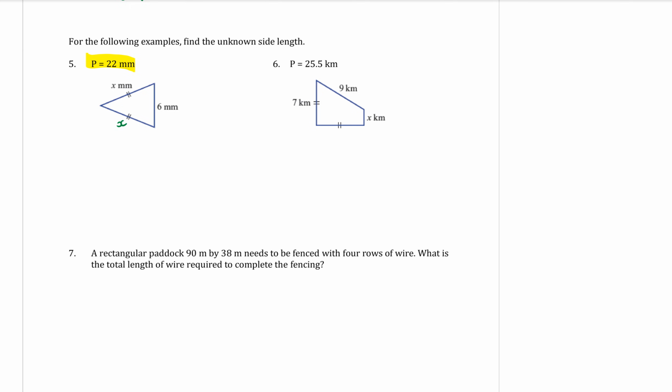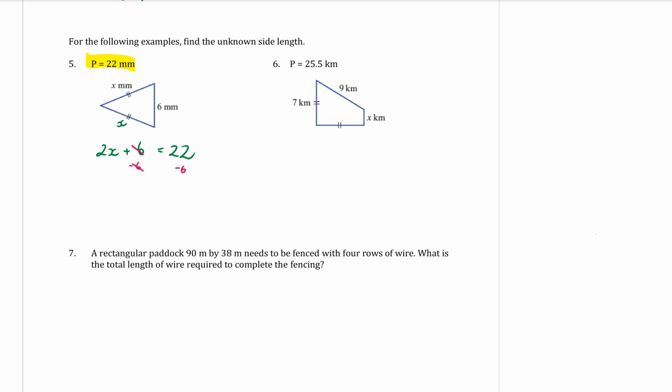So if I was trying to write down the perimeter, I could use an equation. I have an x plus another x, which makes 2x altogether, so 2 x's, plus the 6, that's the perimeter, which is equal to 22. So I've made it into an equation. To solve the equation, we do the opposite. So I subtract 6.